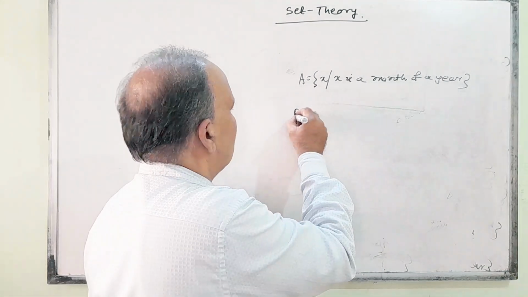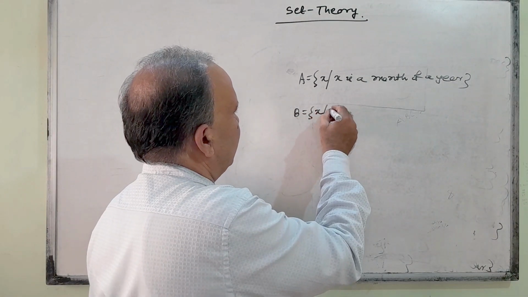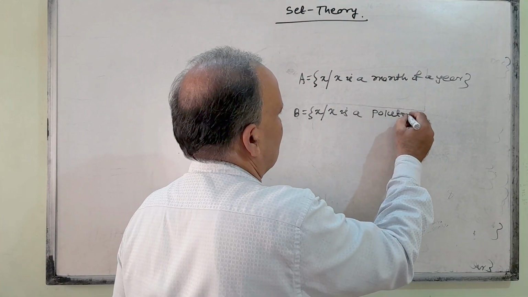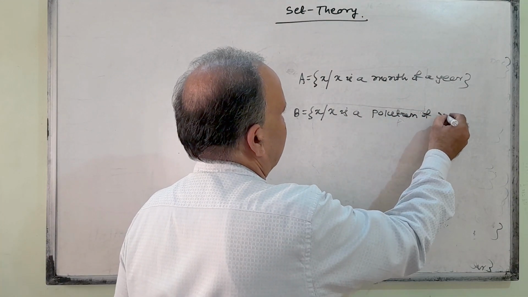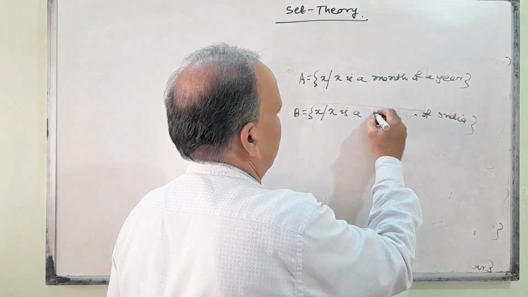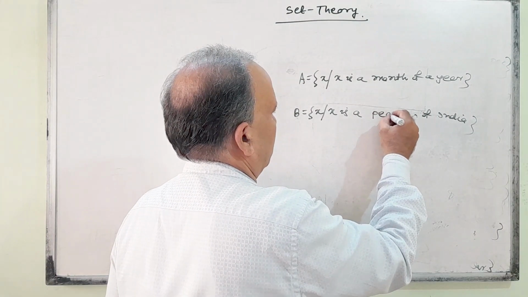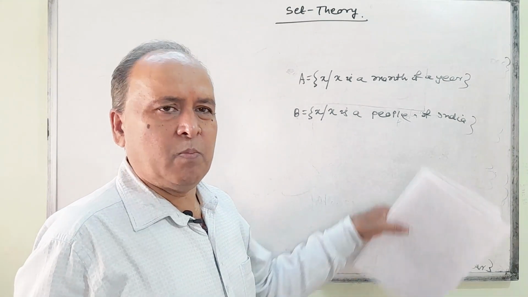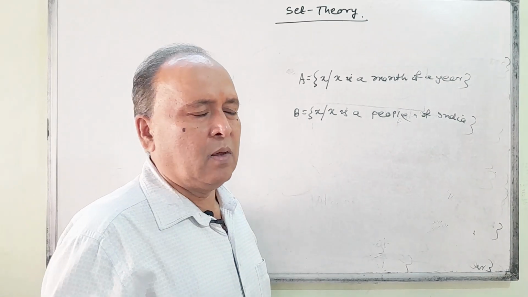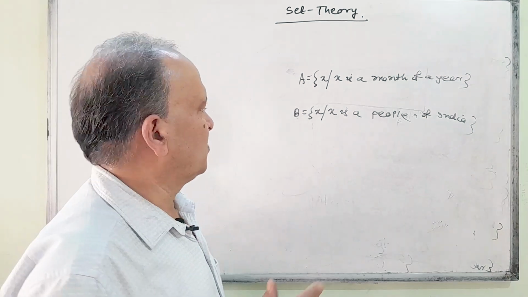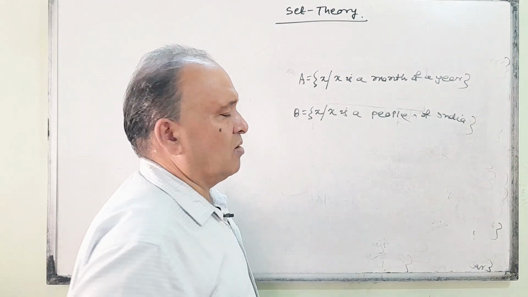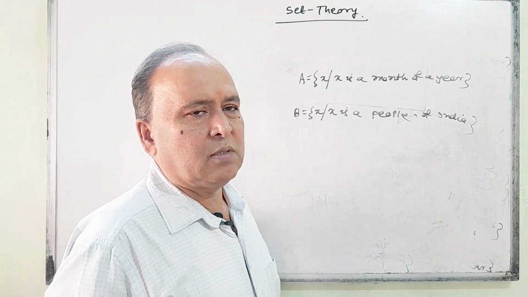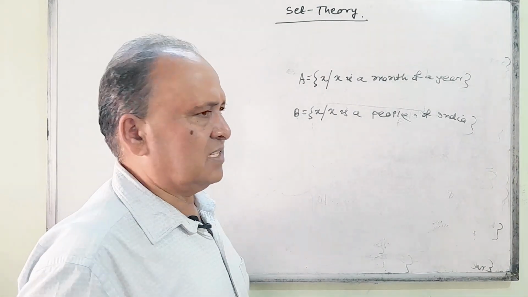Similarly, B is equal to {x such that x is a person of India}. You can count the number of people of India, which is more than 140 crores. These are finite sets, because we can count the number of elements of the sets.